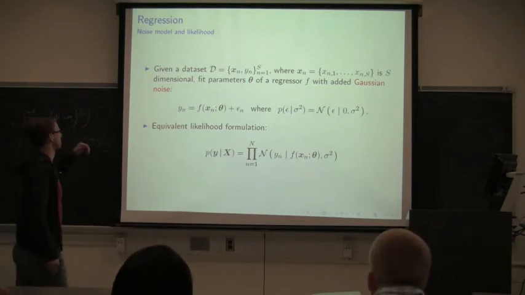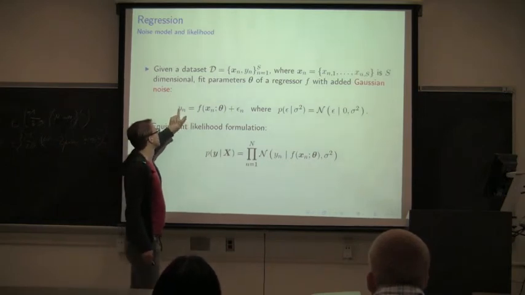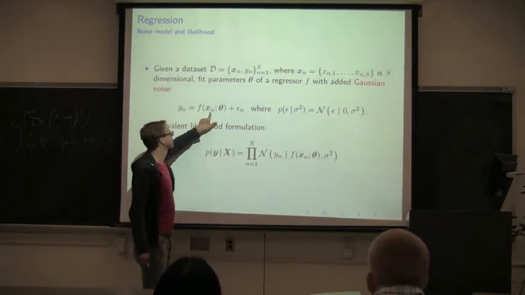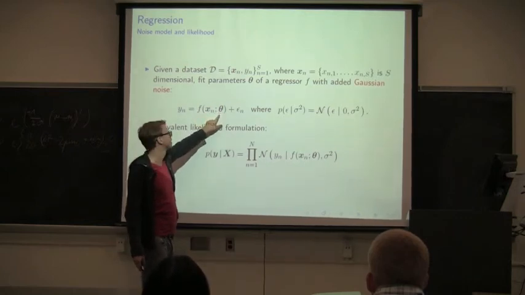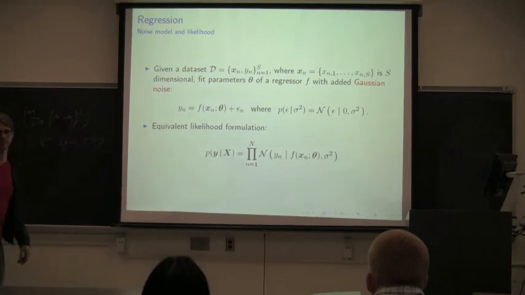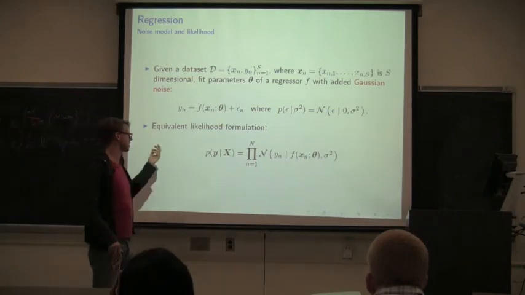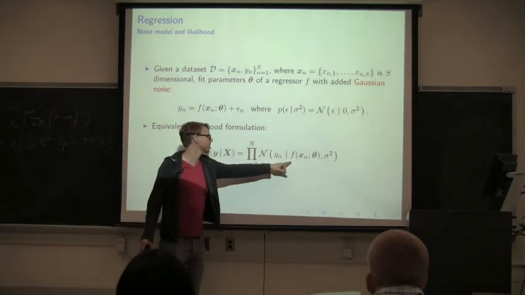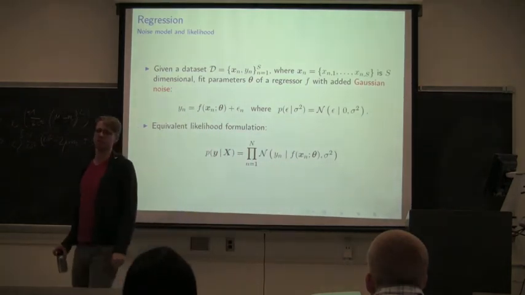This is the type of model. So basically each sample y is modeled as this function of x and the parameters and Gaussian noise. And the equivalent likelihood formulation is a Gaussian distribution, where now this function f appears in the mean of the Gaussian distribution.